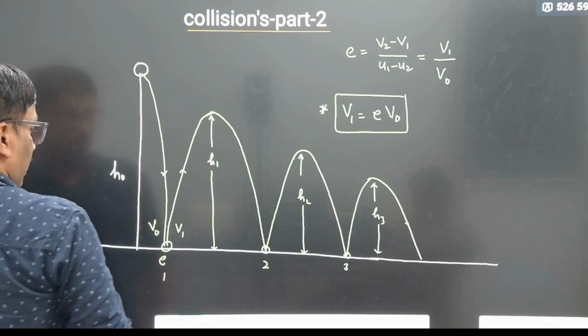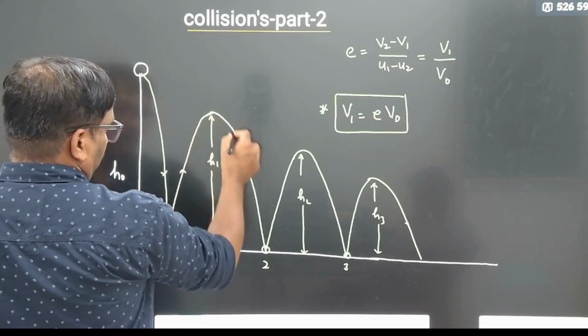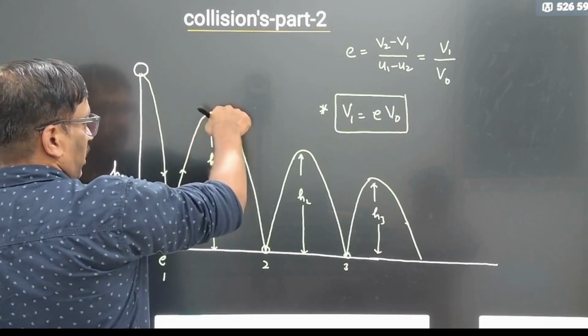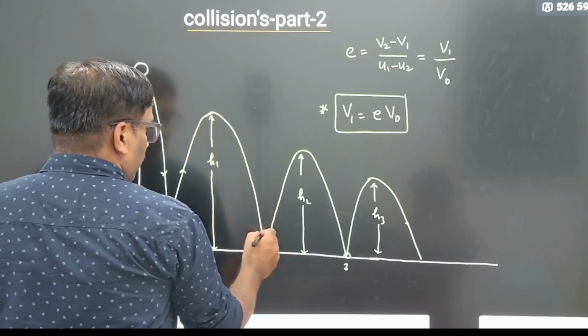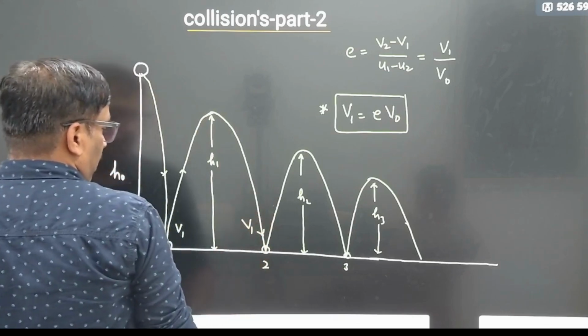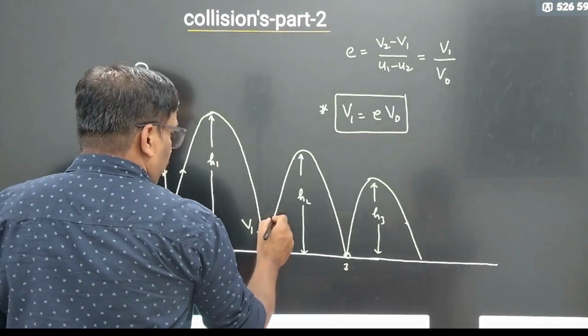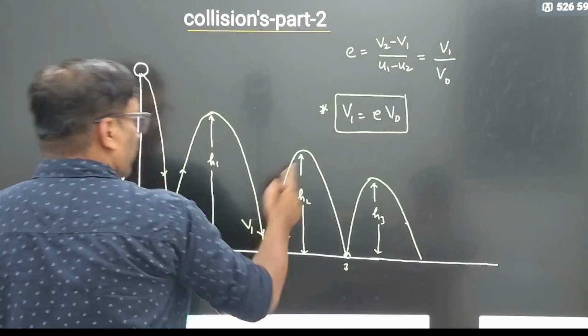Here we consider that air resistance is neglected. When it comes back down, it hits with a speed of v1, and again rebounds with a speed of v2, the velocity after the second bounce.